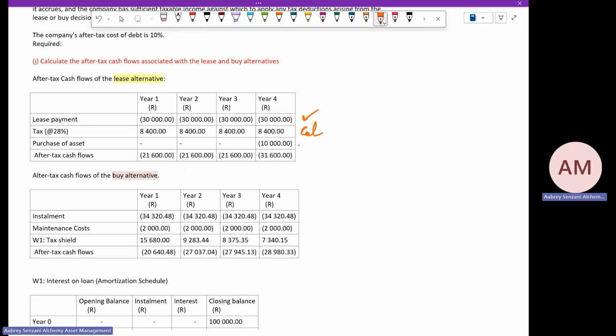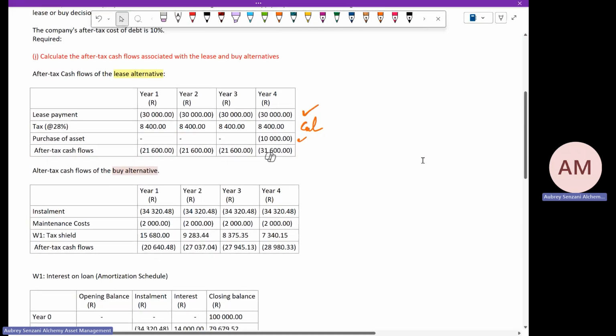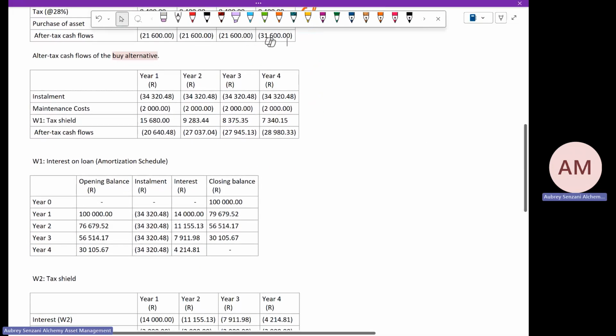And this we were also given. So this one is fine, that would be your first step. Then we move to the second one. This row you're given, both of those you're given. This one we are not given. So we can't work out the after-tax cash flows until we have the tax shield. Makes sense?